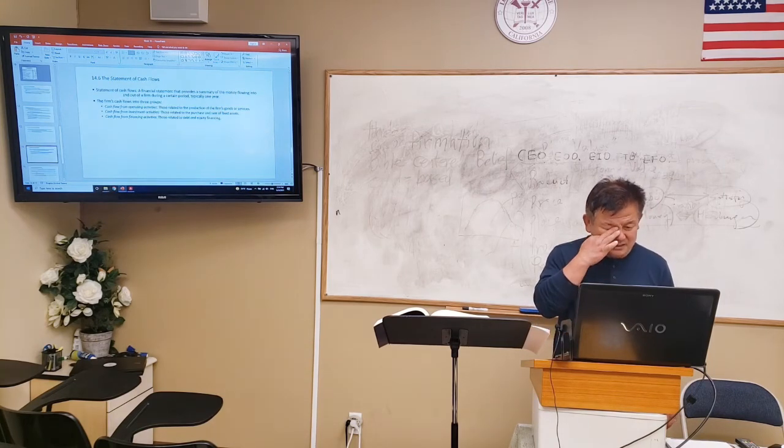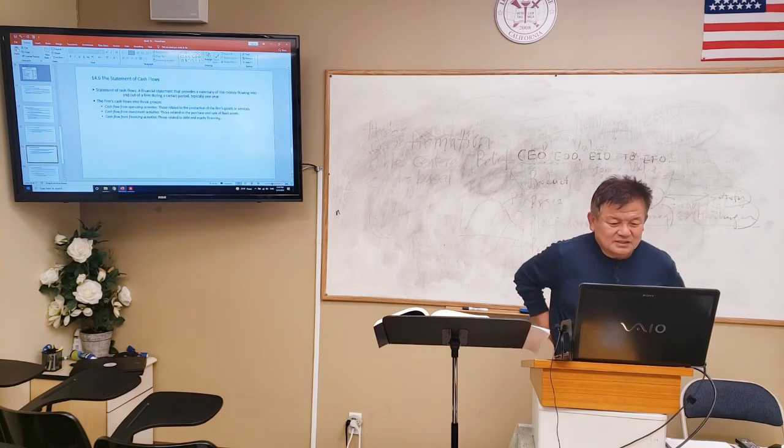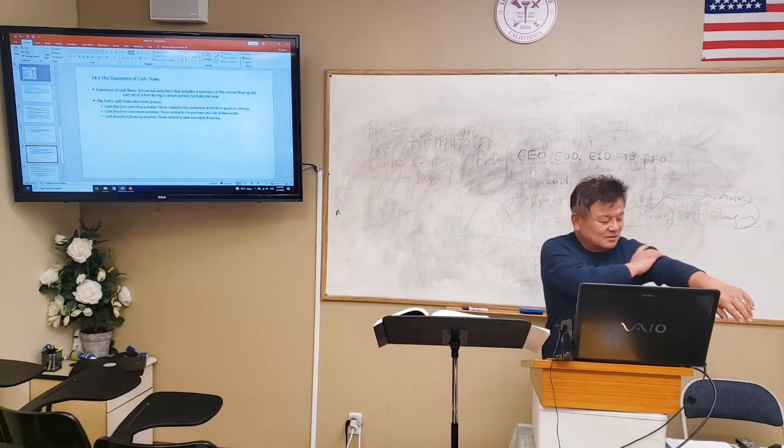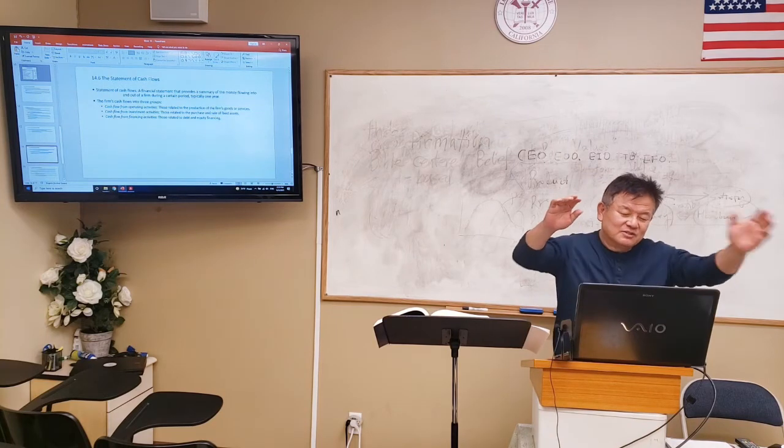Okay. And the statement of cash flow is the third financial report. The statement of cash flow is a financial statement that provides a summary of the money flowing into and out of a firm during a certain period, typically one year, because it follows the accounting year from January to December.